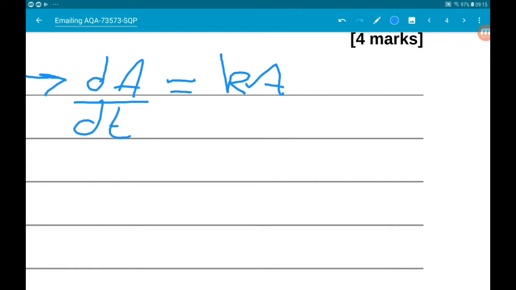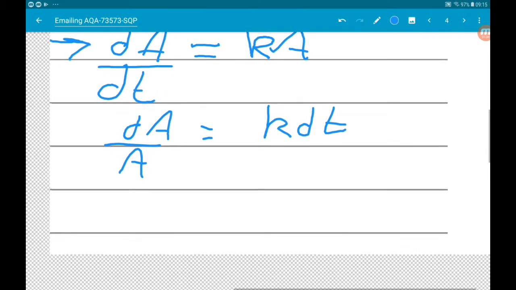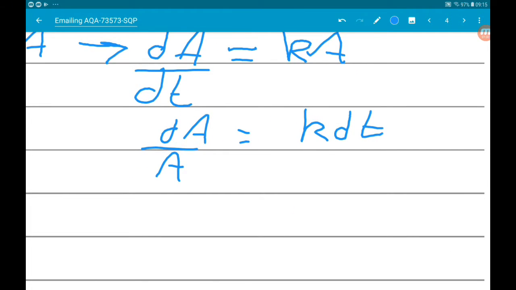So if we multiply through by dt and divide through by A, then we get dA over A is equal to k dt. Now we can integrate on both sides.